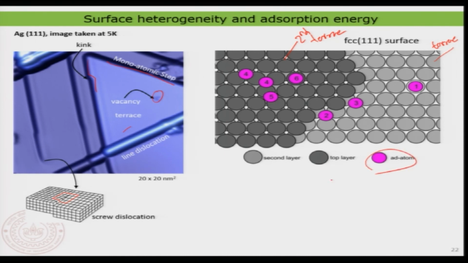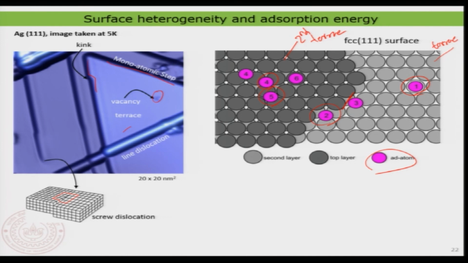So, these are the atoms that I am going to put onto the surface. They can get vacancies, they can get step edges, they can get kinks, then they can get bridges, and they can get HCP sites and so on. So, there is a variety of adsorption sites that you can get on the surface compared to what we have seen in the ideal cases in the previous slides.